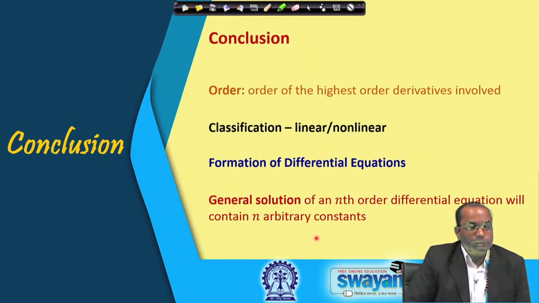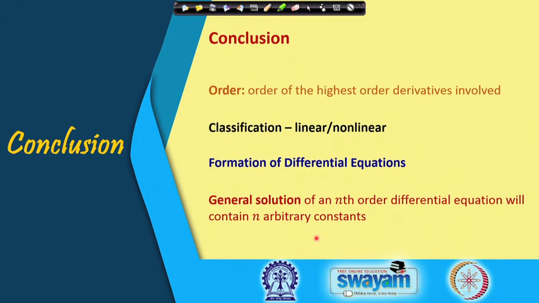So, with this we come to the conclusion now. We have defined the order and also the degree of the differential equation, and also some classification we have done, mainly based on whether the equation is linear or a nonlinear equation. We have also seen in this lecture how to form a differential equation out of the given n parameter family of curves.